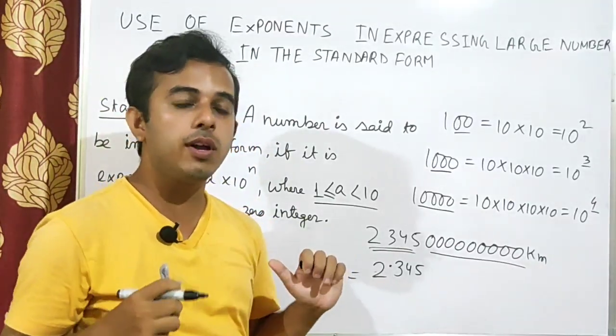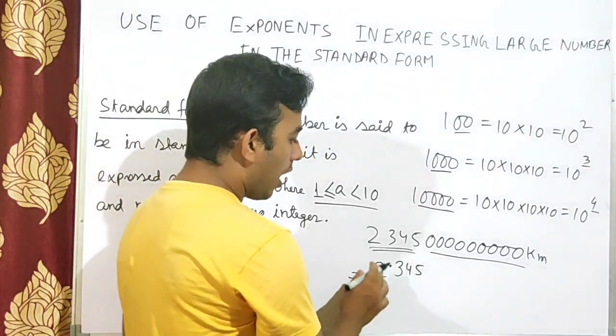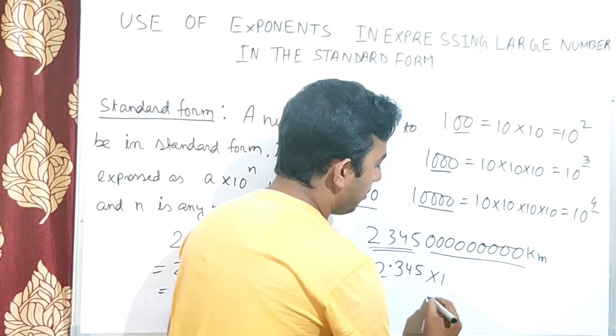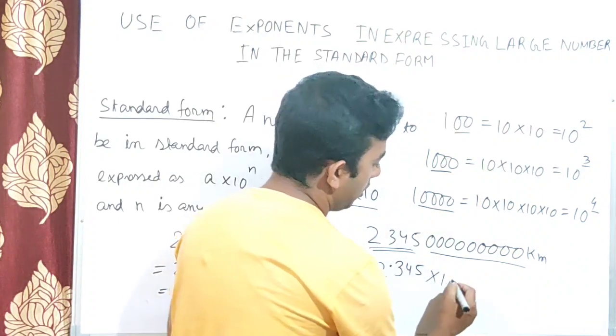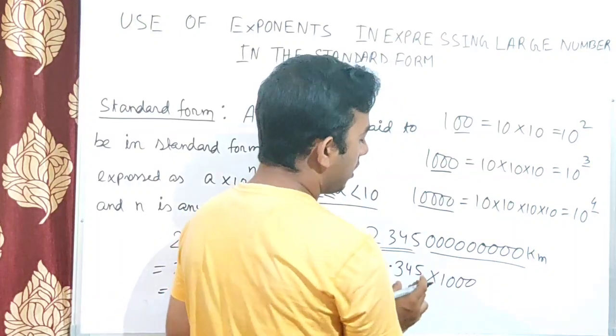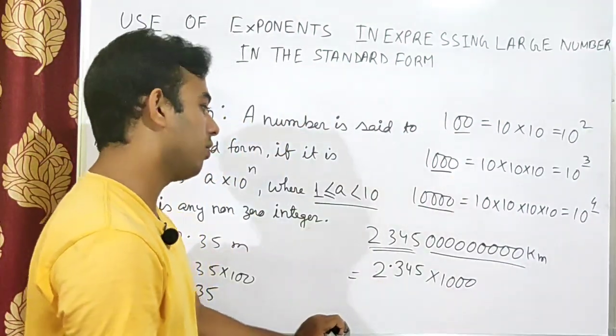I am not the one who can change the value. So for removing the decimal, I have to multiply with 1000, because after the decimal there are 3 digits. Up to this clear?